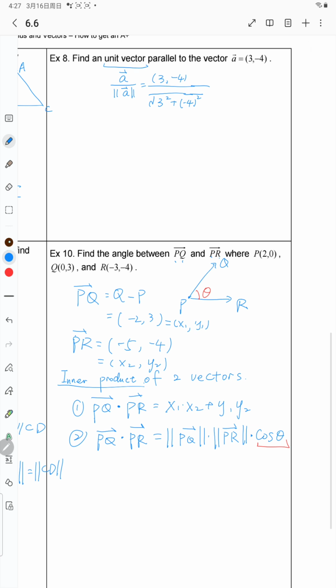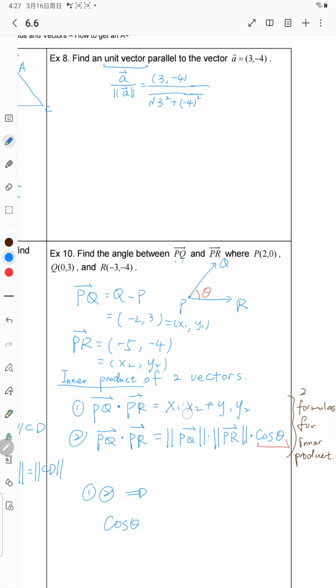So let me just write it out. Our two formulas for the inner product. We're using these two equations together to solve for our cosine theta, right?